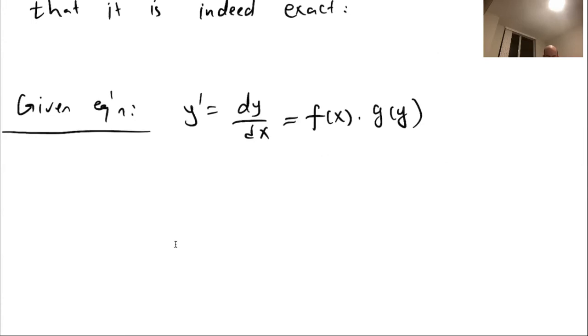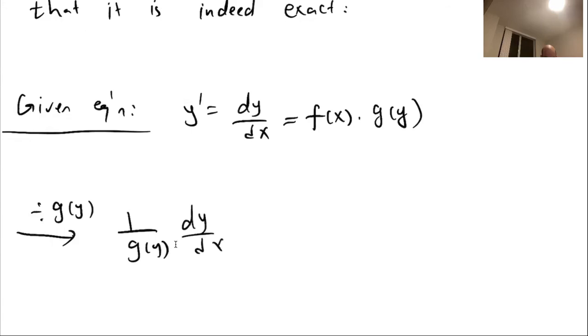So if I divide both sides by g of y, then I'll get 1 over g of y, dy over dx equals f of x.